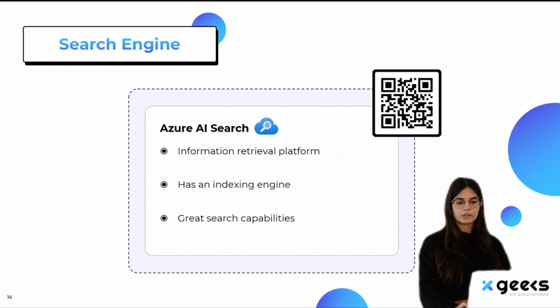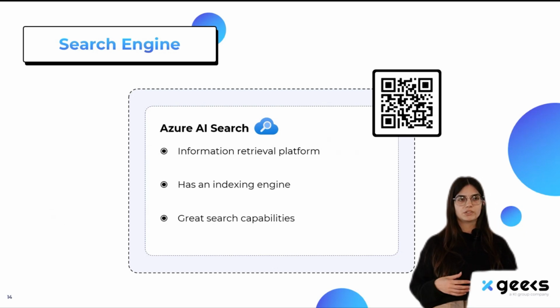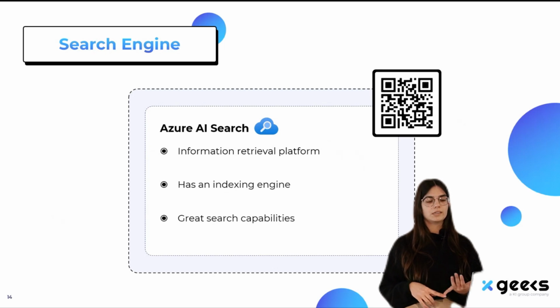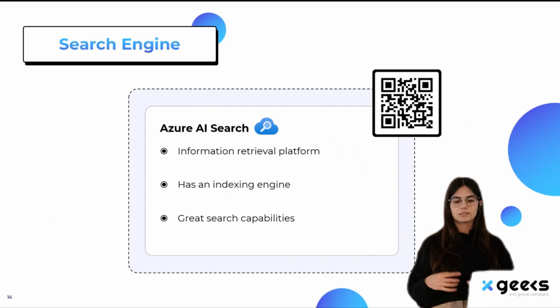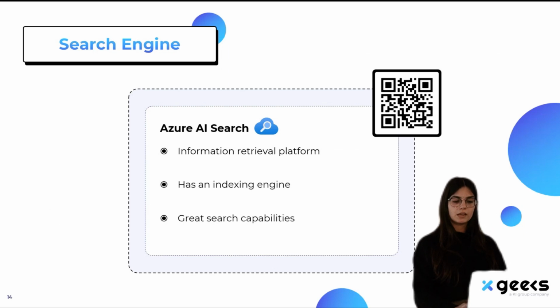Has great search capabilities, and we chose it because it allows us to save our data, our embeddings, our metadata all in the same place, has great search capabilities, and provides fast and accurate results.